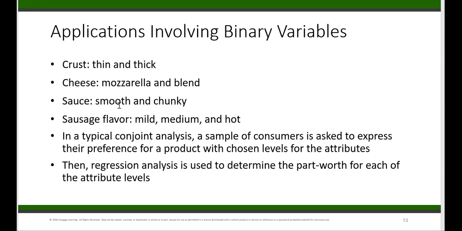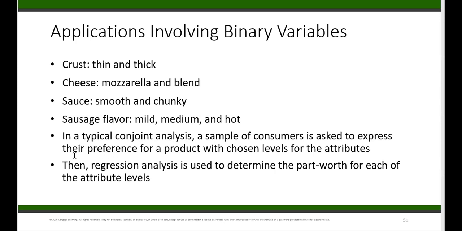Let's say chunky sauce, smooth sauce, and so on and so forth on all these 6 plus 3, 9 different levels. All right. So that's what we are going to skip. But it's very important to know where we get all those part worths. And it's through conjoint analysis.